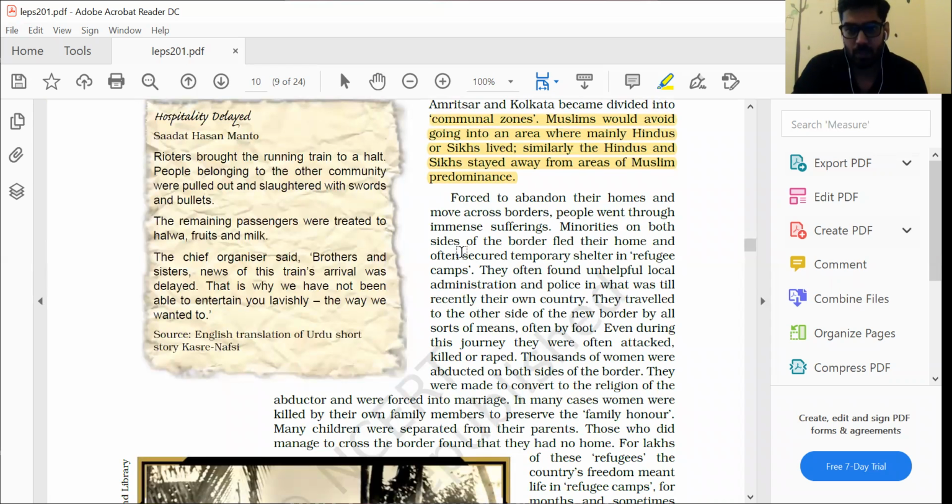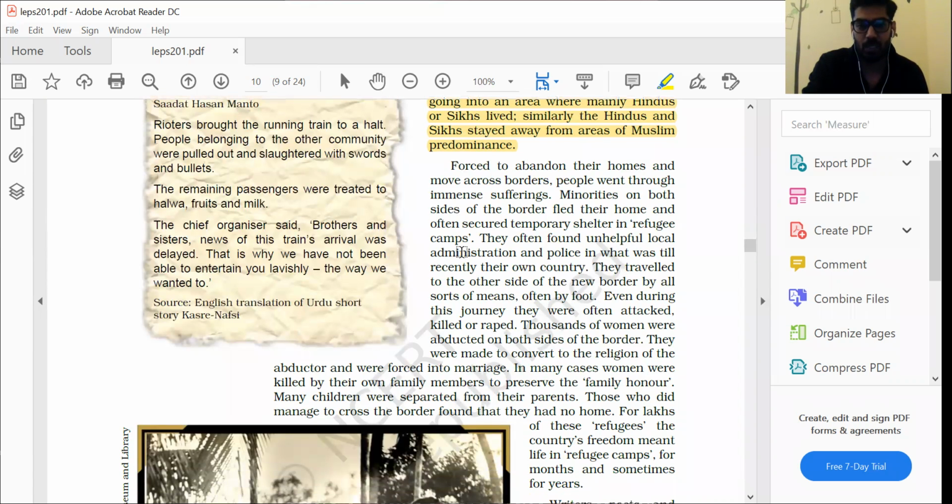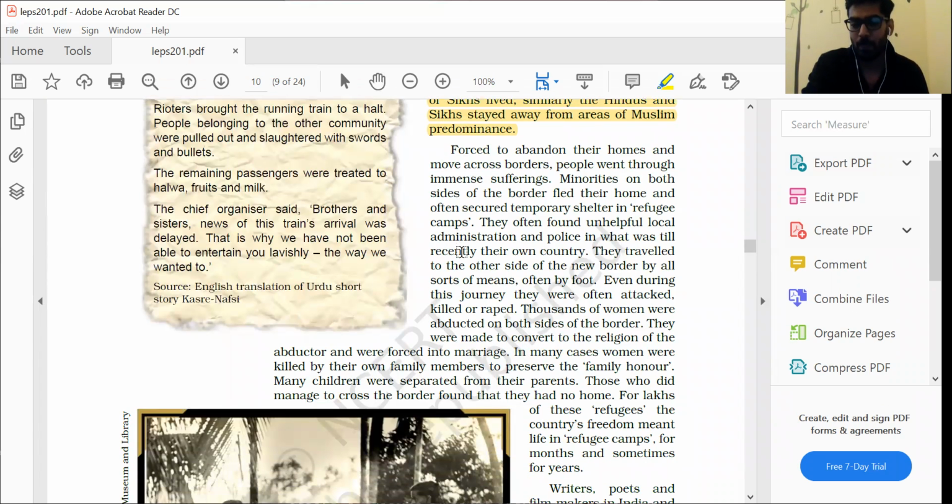People went through immense suffering. Minorities on both sides of the border fled their homes and often secured temporary shelter in refugee camps. They often found unhelpful local administration and police in what was still recently their own home. So imagine people from Lahore coming to Delhi and living like refugees. The Indian government quickly, in due course of time, took notice of it and provided them with basic services.